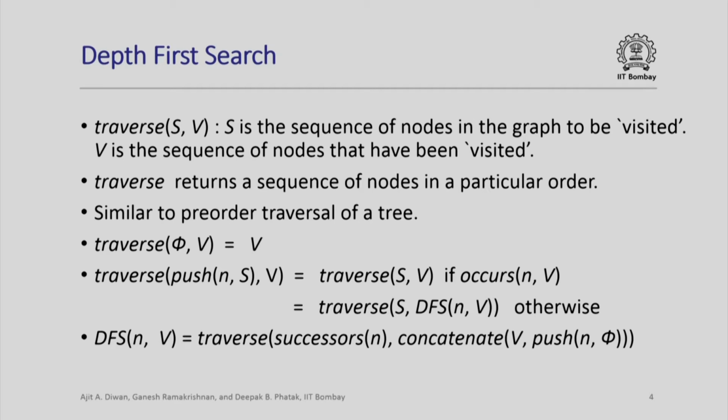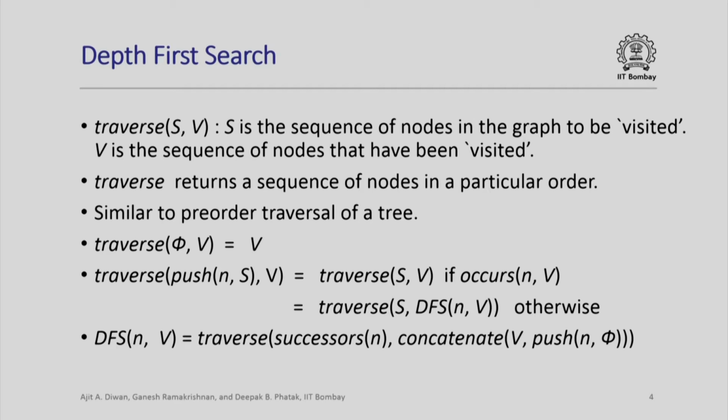The important point is it will return a sequence of nodes in a particular order, the order in which they get visited during our traversal. This is similar to, for example, pre-order traversal of a tree, which generates a sequence of all nodes of the tree in a particular order. Similarly, depth first search generates a sequence of all nodes in the graph in a particular order.